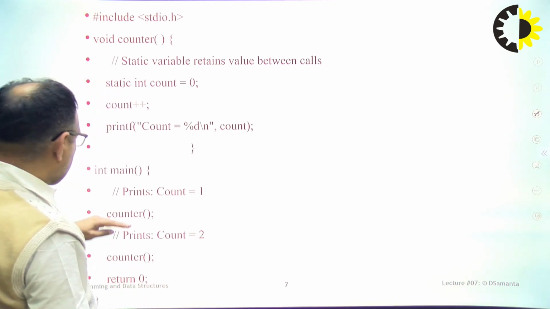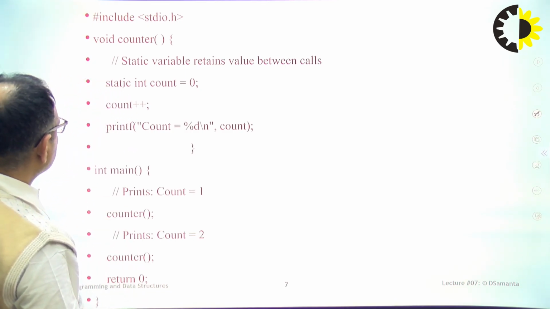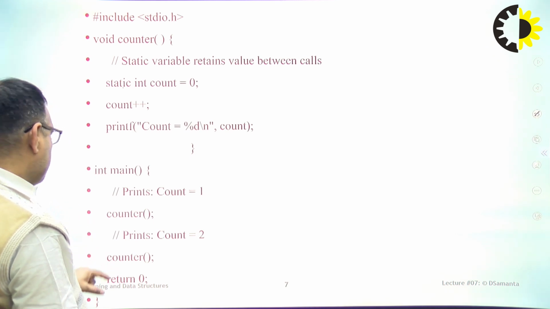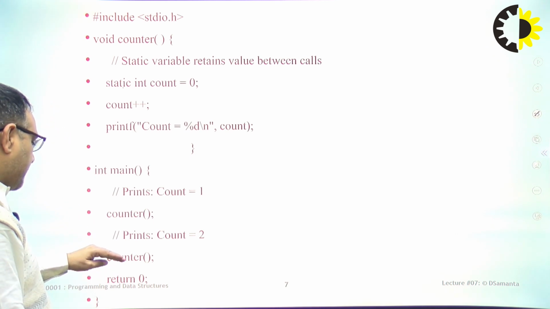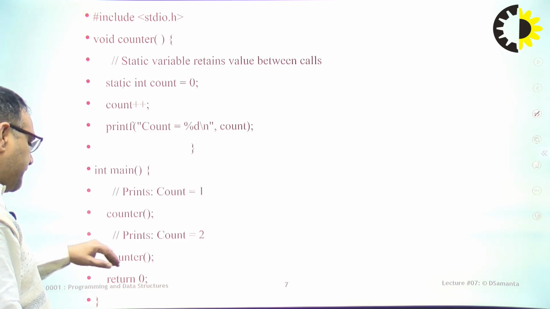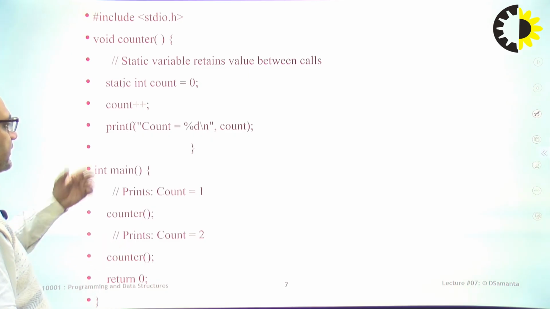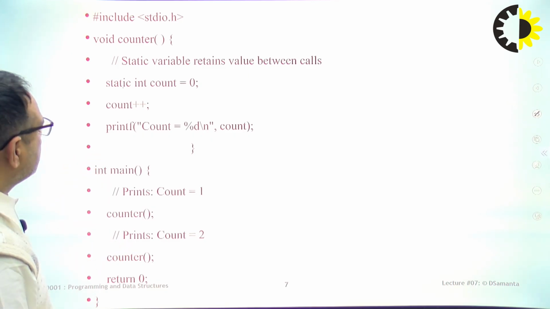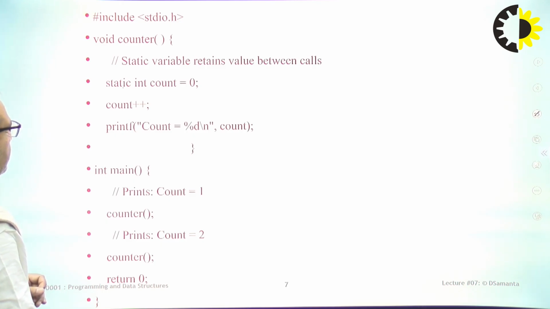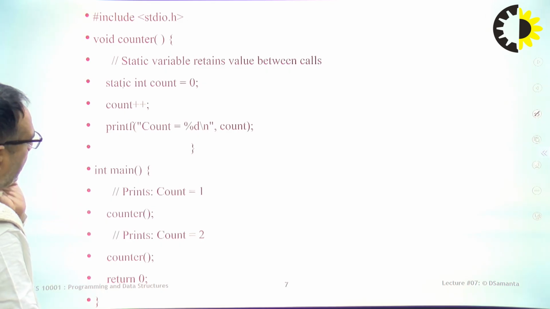When control exits from the counter function and comes again to main, and again the same counter function executes once more. So the previous value, when we executed the counter function, the value of count was 1.